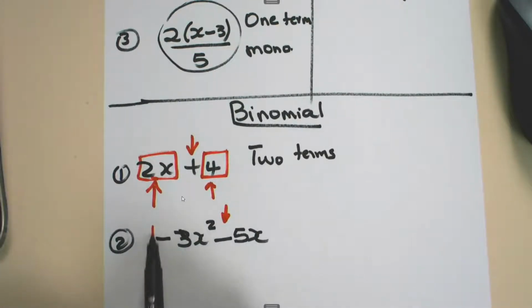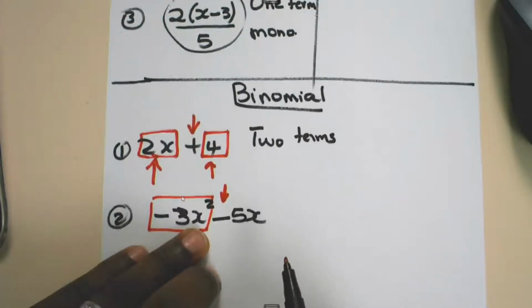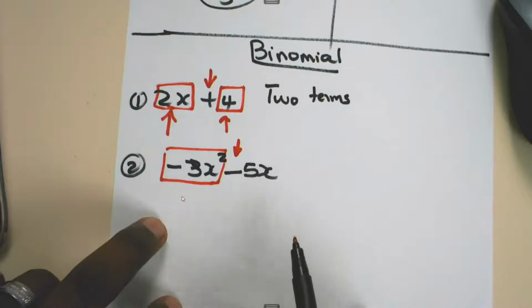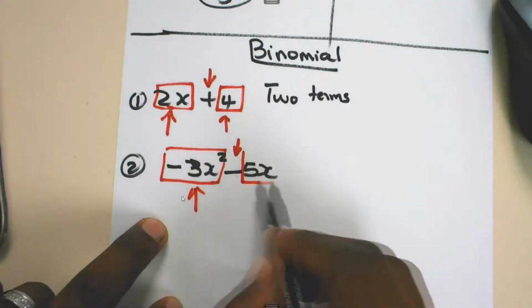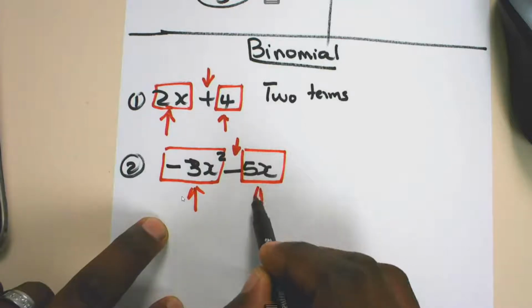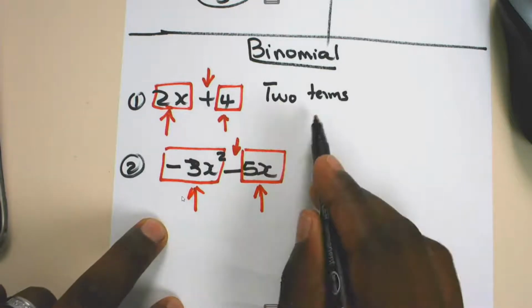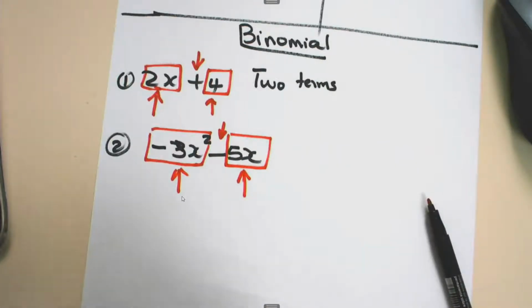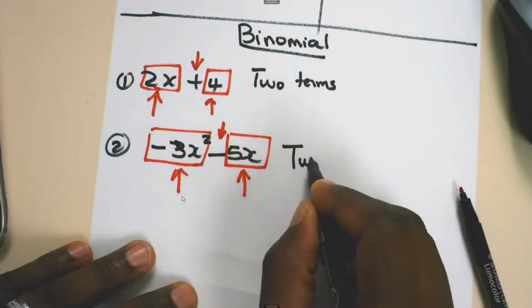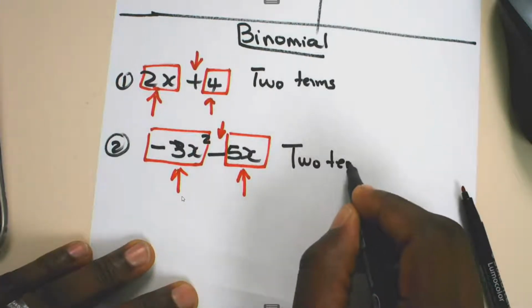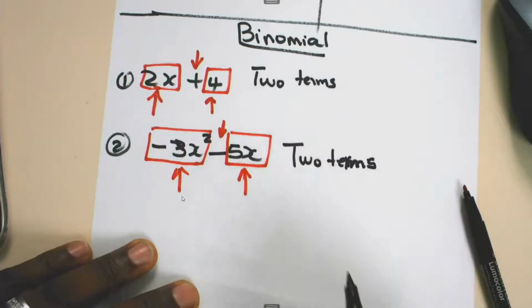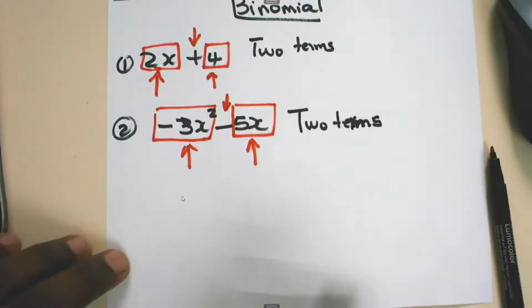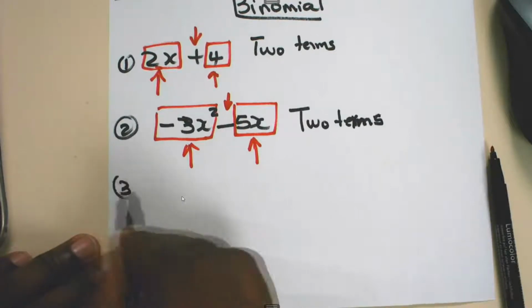This is a term, and the other one is a second term. So there are two terms, so we say it's a binomial.